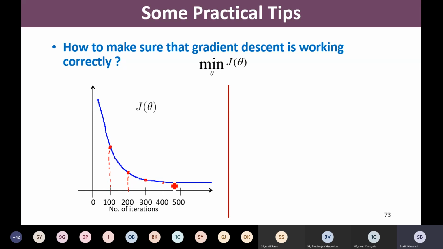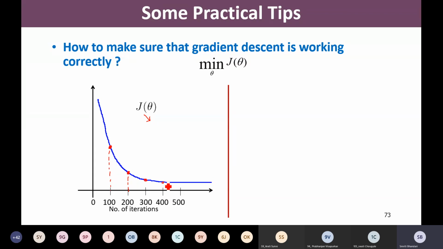What I can infer is that after 400 iterations, there is no significant decrease in the value of my cost function. The cost function is actually giving me the error, so the error now remains almost the same.